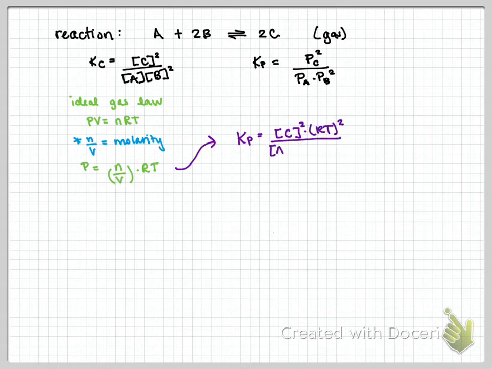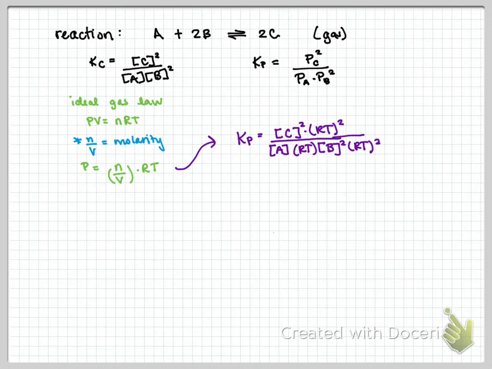So then if we're thinking about Kp, we could write our Kp, remember the pressure of C is just the molarity of C, or n over V, times RT, but both of those will need to be squared because the partial pressure of C should be squared. So we'll have concentration of C squared times RT squared.